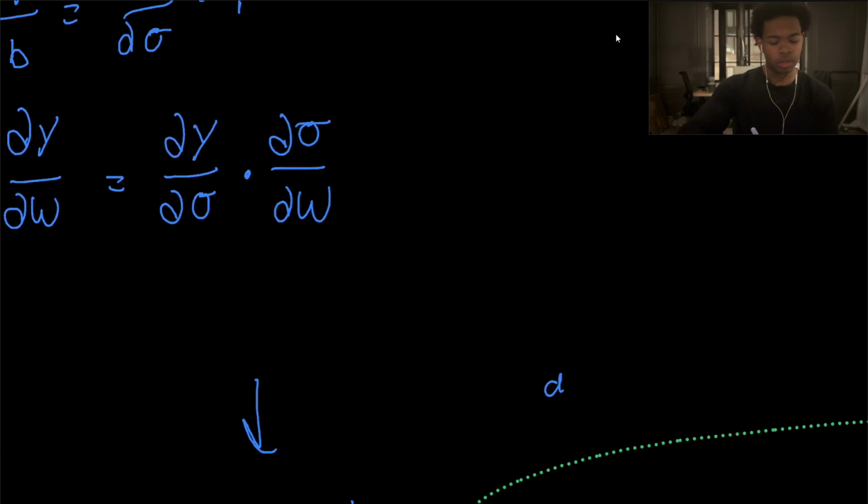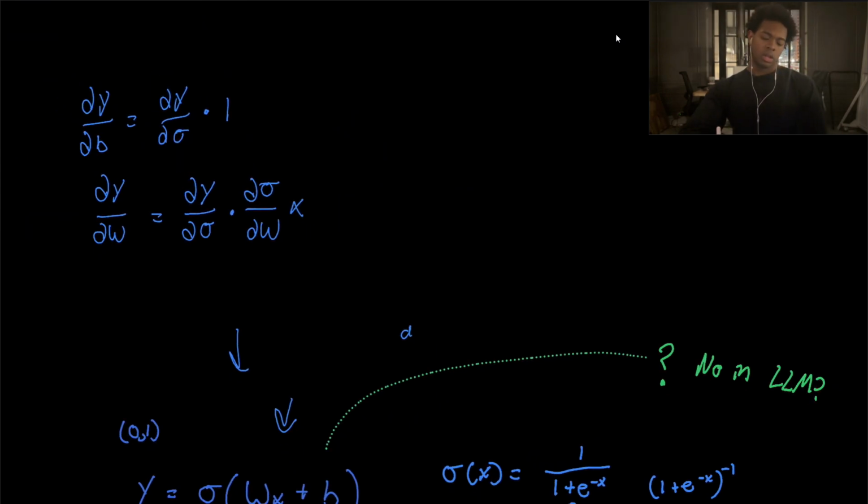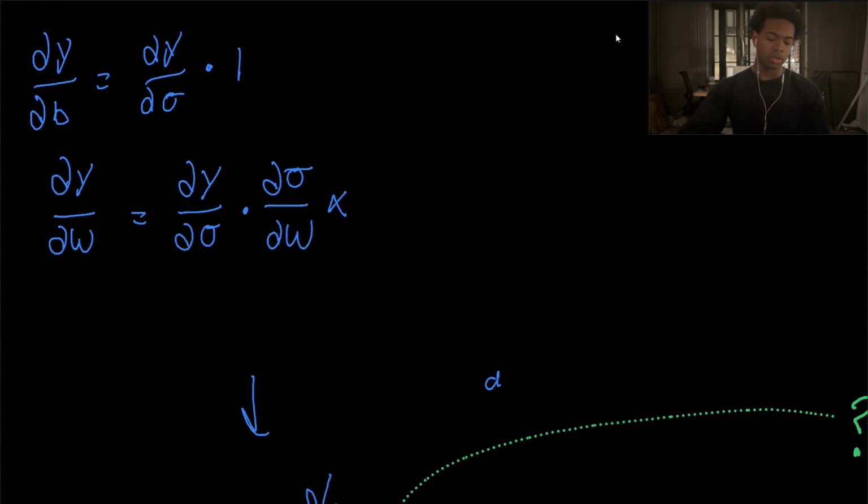Is this supposed to be multiplied by x? I think so. X is a constant in this case. And we want the partial derivative of sigmoid with respect to w.